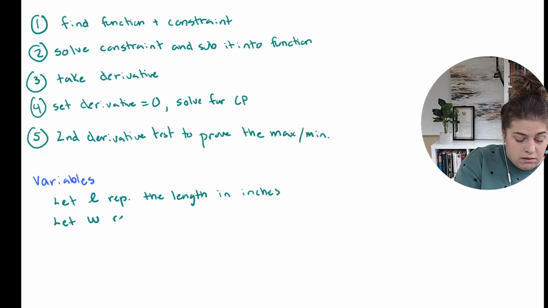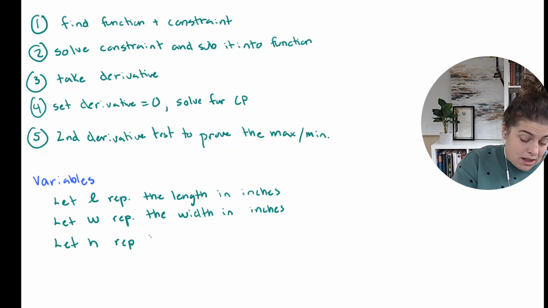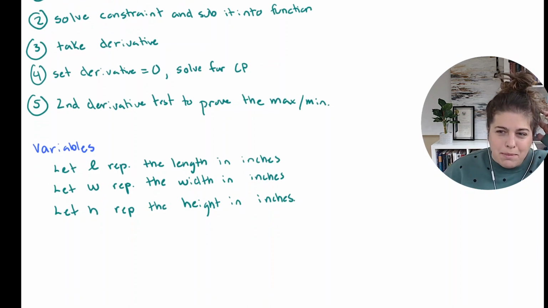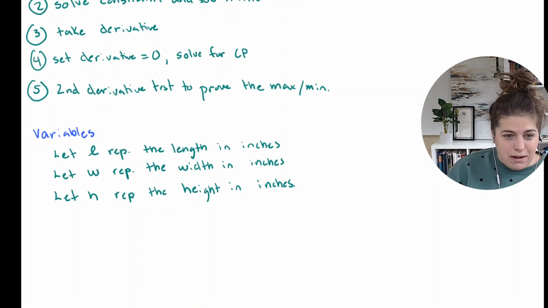Let W represent the width in inches. And let H represent the height in inches. And again, they already defined those for you. I just want you to be in that mode of like, if this was on an exam, we would do this, okay?